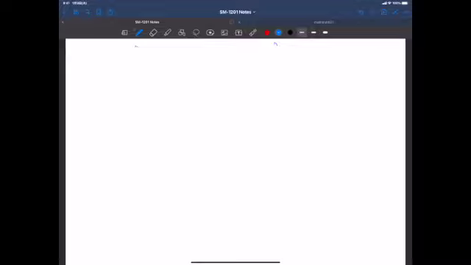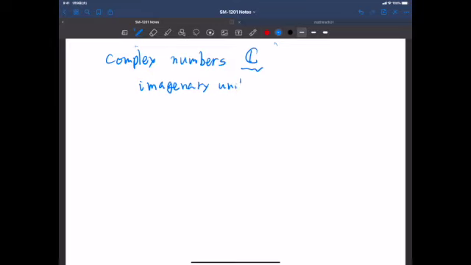The next set is the set of complex numbers, which we denote by this symbol, C. Of course, a complex number is based on the imaginary unit, which is the square root of -1. Right, so this is i.